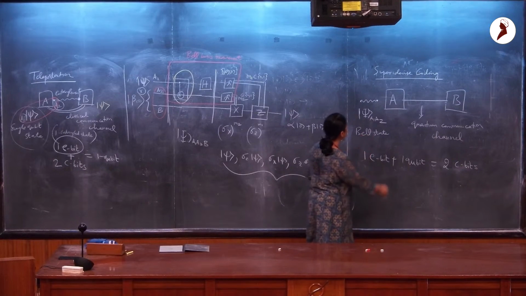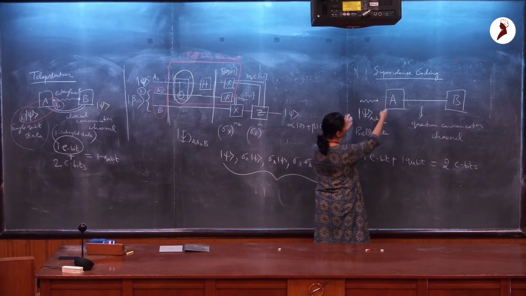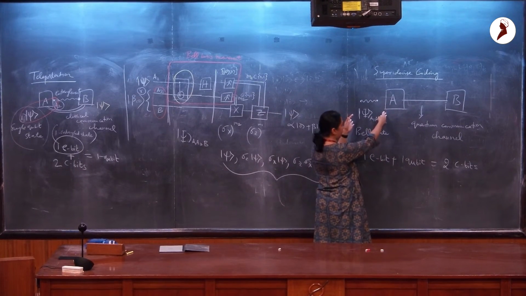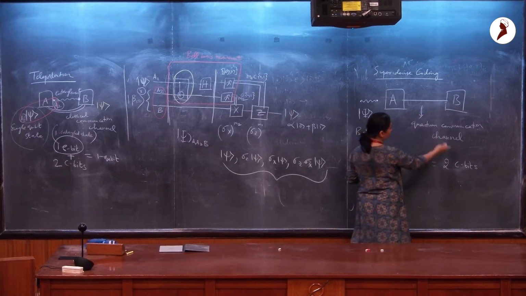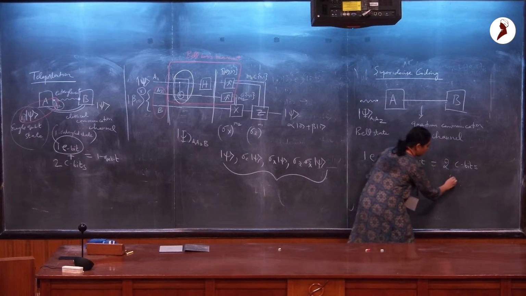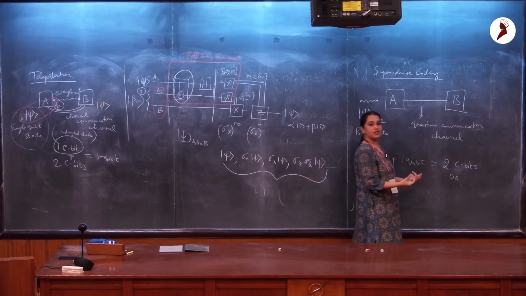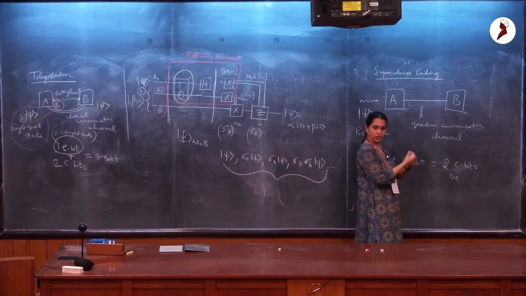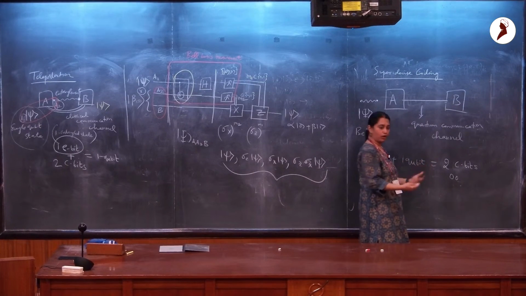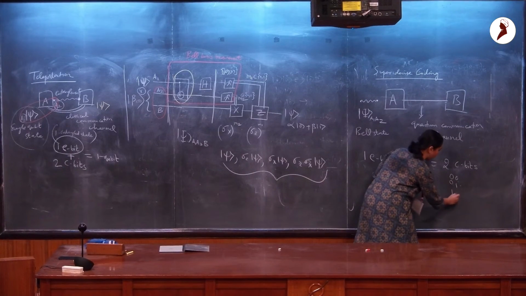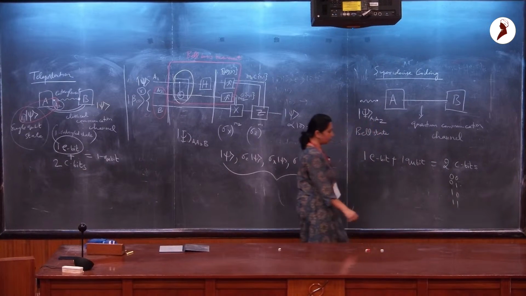So how would you do this? Let's say that A wants to communicate two classical bits, which means a binary string with two bits. The set of all 2-bit strings is 0 0, 0 1, 1 0, 1 1.